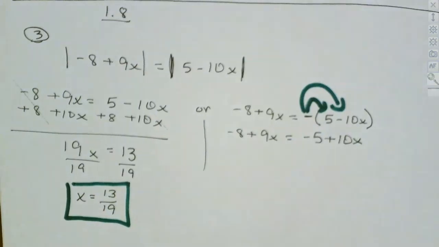So always take your time. Where students make a mistake and where it gets really frustrating is either you lose track of where you're at, which sometimes happens, or you make a very simple sign error. So always take your time. Try to be neat and organized.